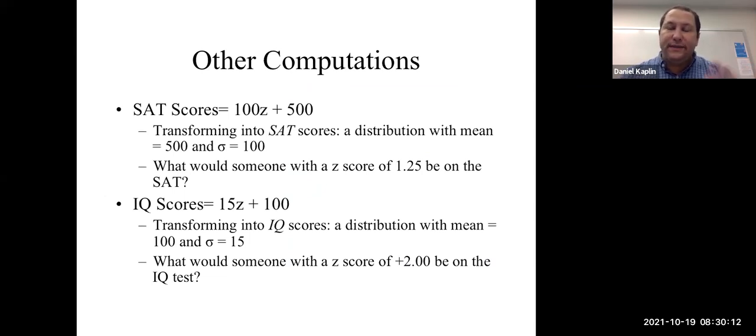So what I'm going to do is take the computations from the slides, set them up on the board, and we're going to do it manually. So in order to calculate a raw score, what did you need to know? You needed to know the Z-score, the mean, and the standard deviation.